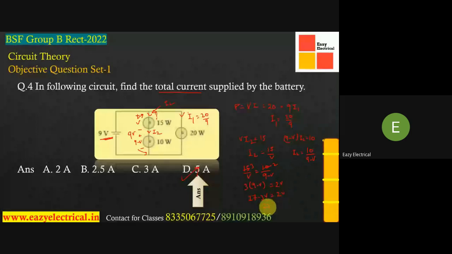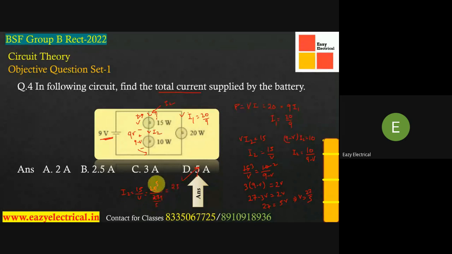So V equals 27 by 5 we are getting. So what is I2? I2 is nothing but 15 by V. That means 15 divided by 27 by 5, that means 3 into 5. So this is 9. So now you can guess here, 5 into 5, that is 25 by 9 is coming.